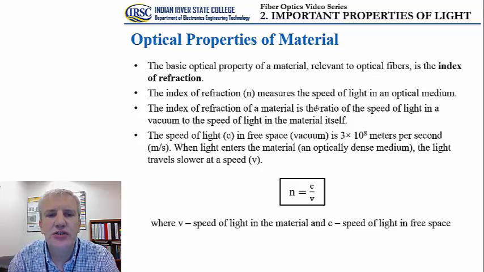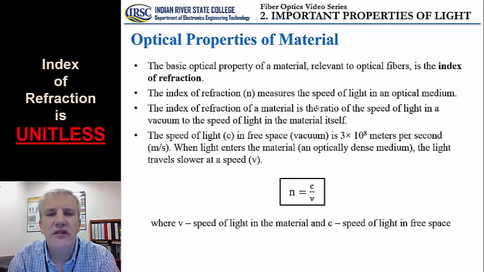So the index of refraction of a material is the ratio of the speed of light in a vacuum to the speed of light in that specific material. The speed of light in free space or vacuum is equal to 3 times 10 to the 8 meters per second. When the light enters the material, some sort of optically dense medium, the speed of light is going to be reduced, and the light is going to travel slower at some speed v.